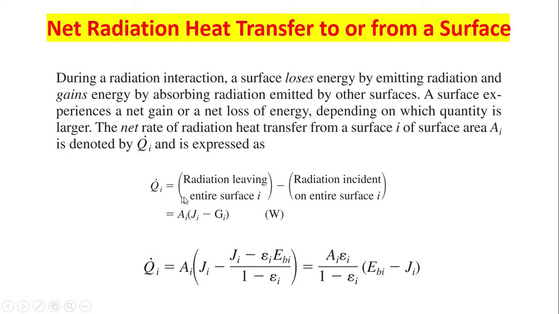It could be expressed by this equation, where the subscript I stands for any particular surface: the radiation leaving the entire surface I minus the radiation incident on the entire surface I. For the first part, the radiation leaving the entire surface, we have just developed the expression, which is known as the radiosity.